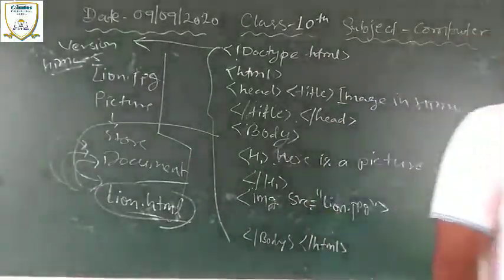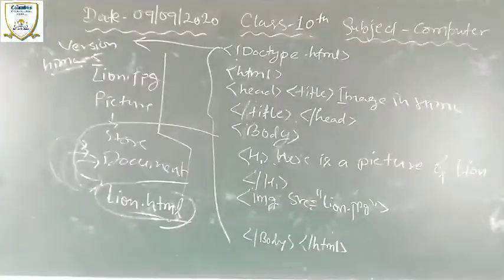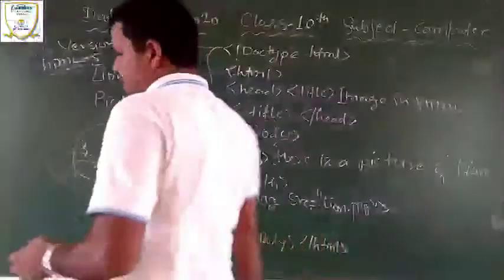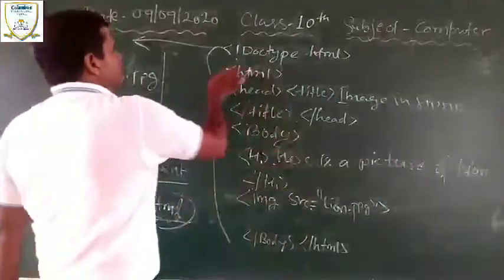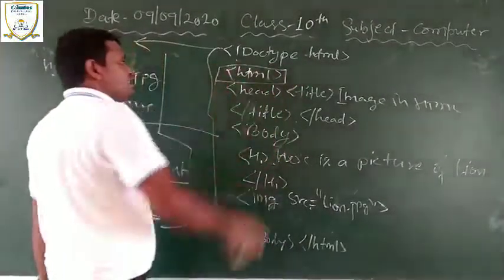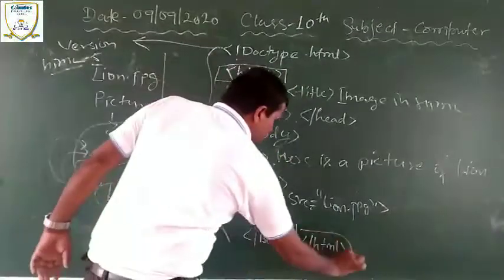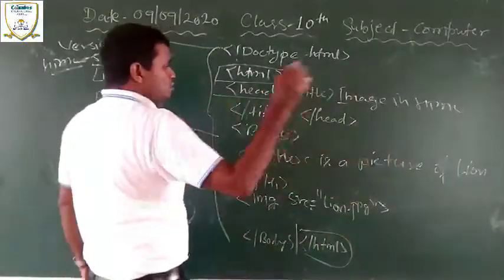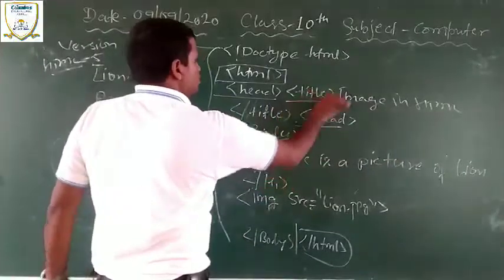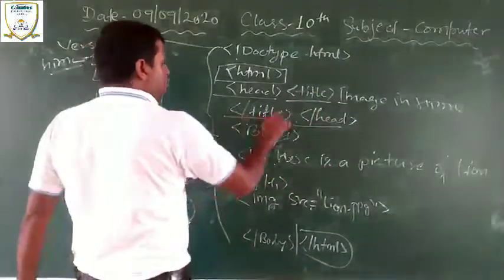So I think everyone understands how to insert an image in an HTML document. Let me revise one thing again. If a container tag is started, then it is necessary to close it. Head is started, so head is closed. Title is started, so title is closed.